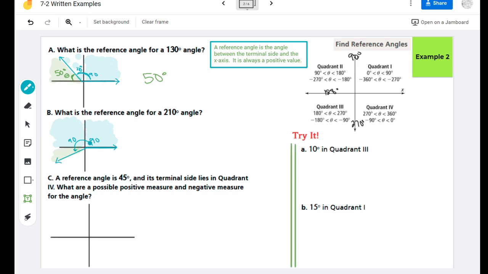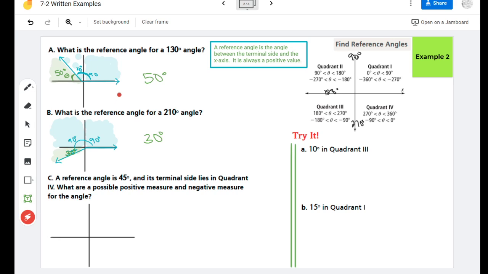This is another 90, so here we're at 180 degrees. And then to get that green part to go to 210, 210 minus the 180 that I have means that this is 30 degrees here in the green wedge. Now, that green wedge is the part between my terminal side and the x-axis. So that is my reference angle.